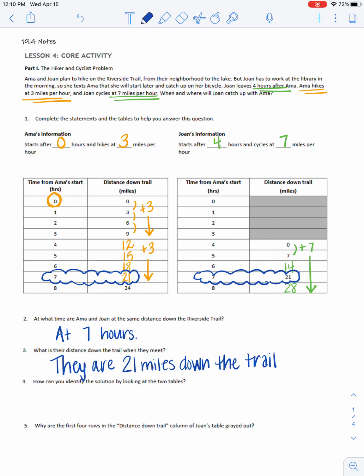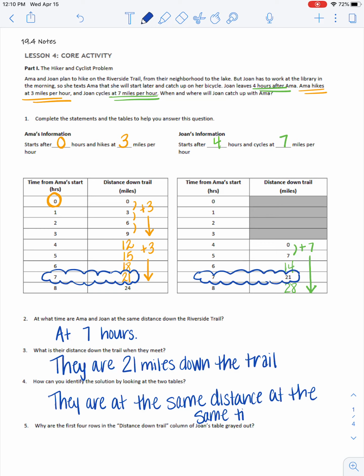Well, we know that they're at the same distance at the same time. So let's just write that down. They are at the same distance at the same time.